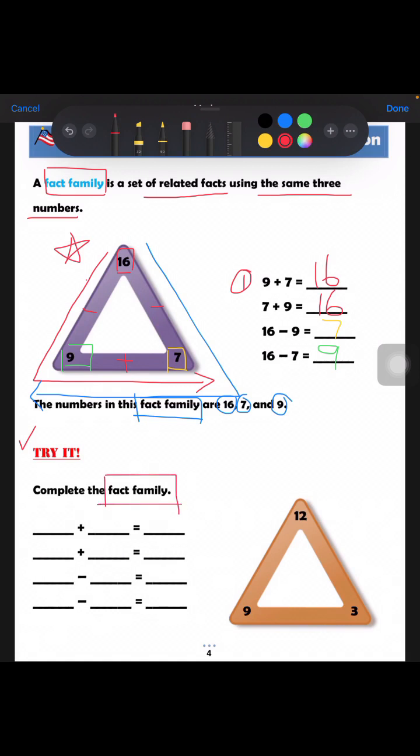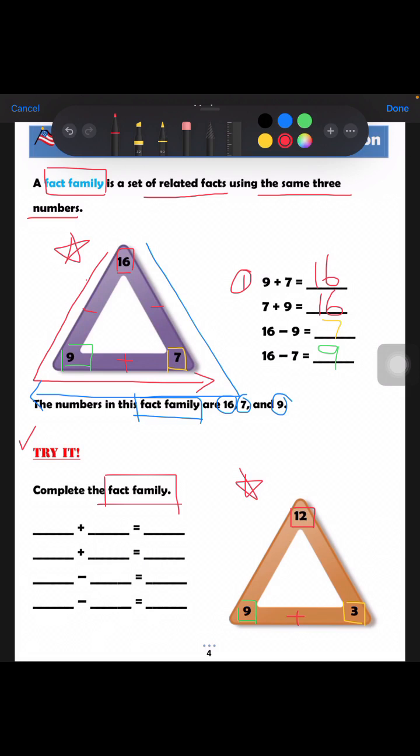Okay, let's take a look at the question and try it. We need to complete the fact family. In this fact family, the numbers include 12, 9, and 3. We're going to use these three numbers to form the number sentences.